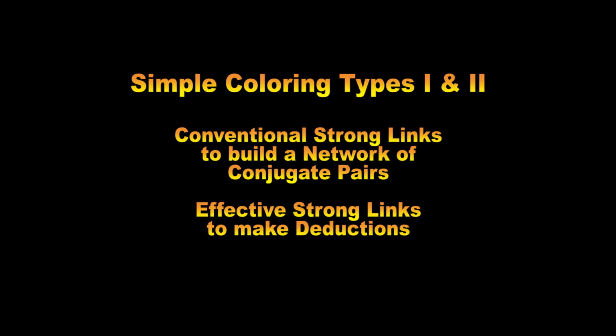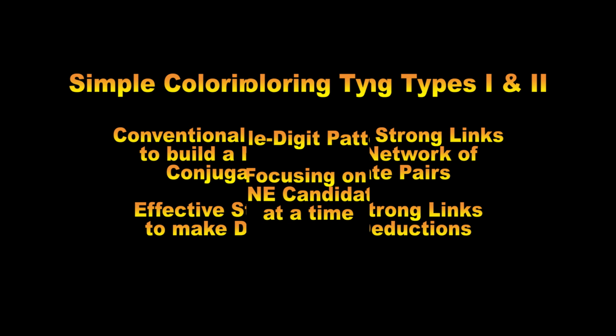When we apply the coloring techniques that we will be learning today and in the next lesson, we will be focusing entirely on strong links, both conventional and effective. There will be no weak links. I repeat, no weak links. We will use conventional strong links to build a network of conjugate pairs, and then we will use effective strong links to make deductions, okay?